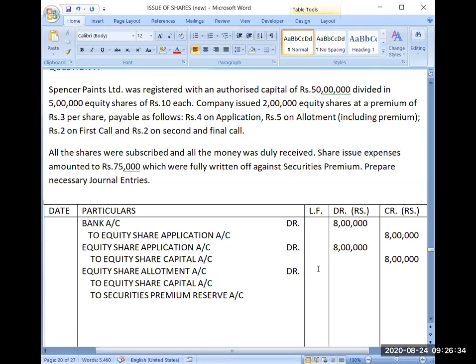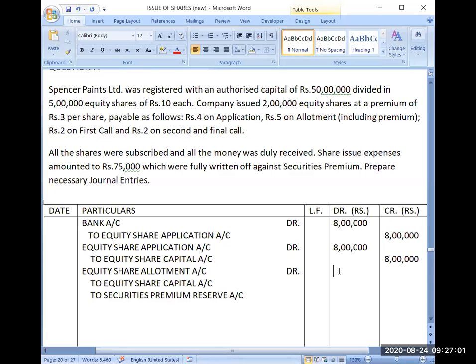Now tell me the allotment money per share. Yes, it is rupees 5 on allotment. So allotment money will be calculated with the help of this rupees 5 and the number of shares allotted, which is 2 lakh.